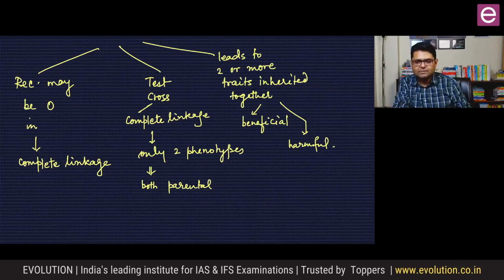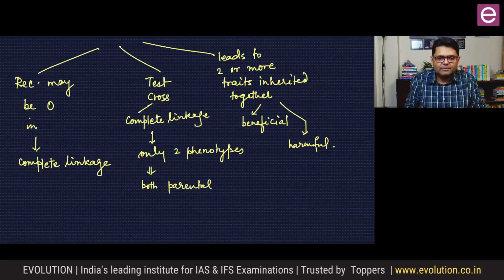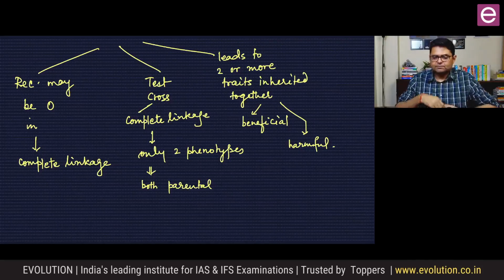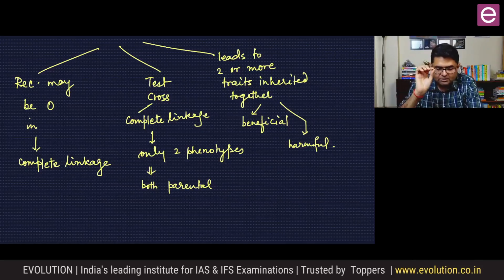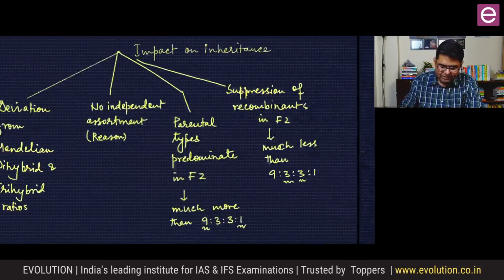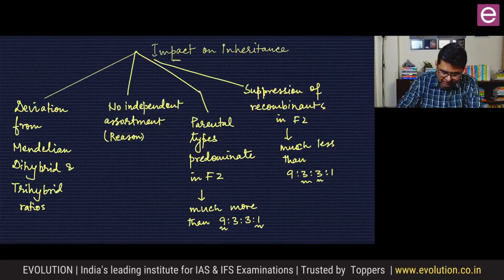Half of the people who get premature baldness, they also tend to develop hypertension later in their life because these two genes are tightly linked in recessive form. So these are the points that you will be mentioning about the impact on inheritance.